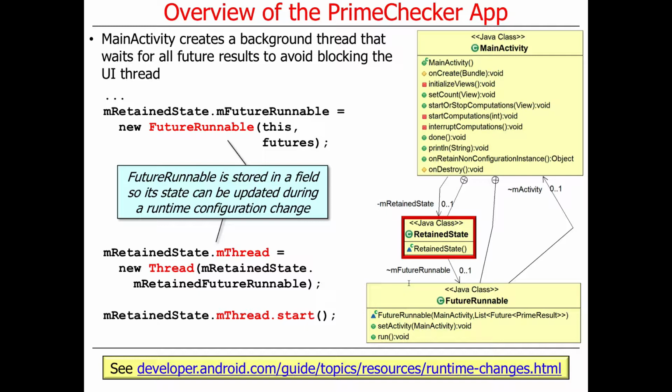So we're making a new thread with the FutureRunnable object as the parameter to new Thread. And then we go ahead and start that new thread. And you'll see everything has this weird thing that says retain state. I'll come back and explain what retain state is in just a second. The reason why we do retain state is so that if someone rotates the phone, the thread is in a different state, so it will not be destroyed when the activity goes away. And I'll talk about that in a second.